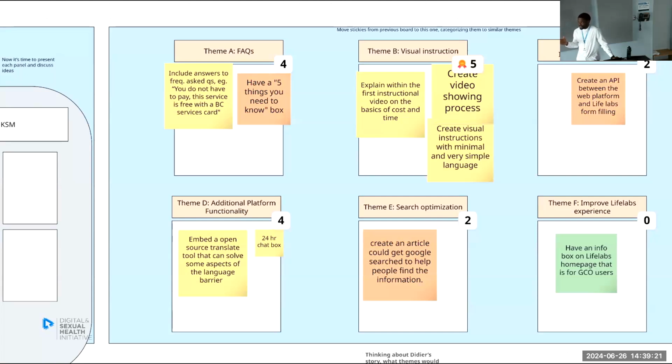I think, for our persona who's a recent immigrant, we're going to be thinking about a peer navigator or peer navigators integrated within immigration services or community services that are targeted at recent immigrants, and thinking about how that can help people then access the service online. So sometimes the solution is not always on the internet or on the digital side of things. It can also be supporting services that are linked to that digital service.